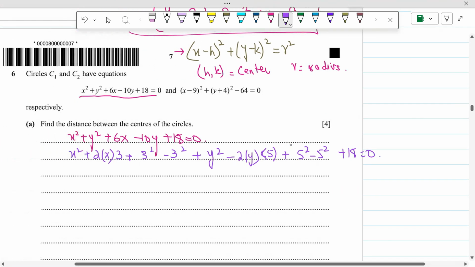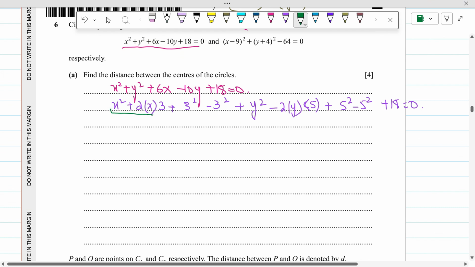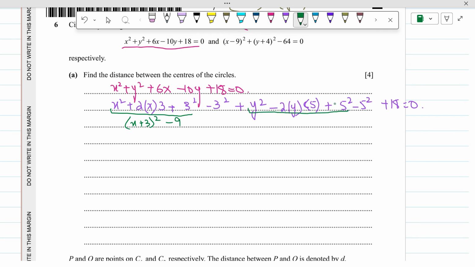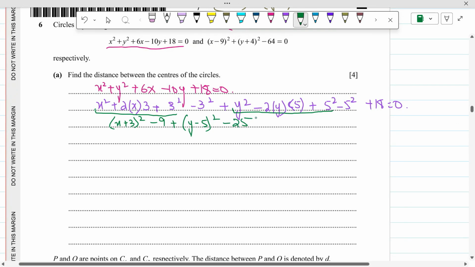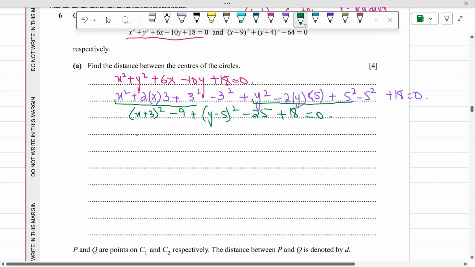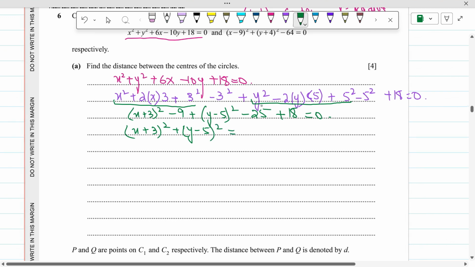then the remaining 18 equal to 0. So this can be written as (x plus 3) whole square minus 9, and this can be written as (y minus 5) whole square minus 25, then plus 18 equal to 0. So (x plus 3) whole square plus (y minus 5) whole square equals 25 plus 9.